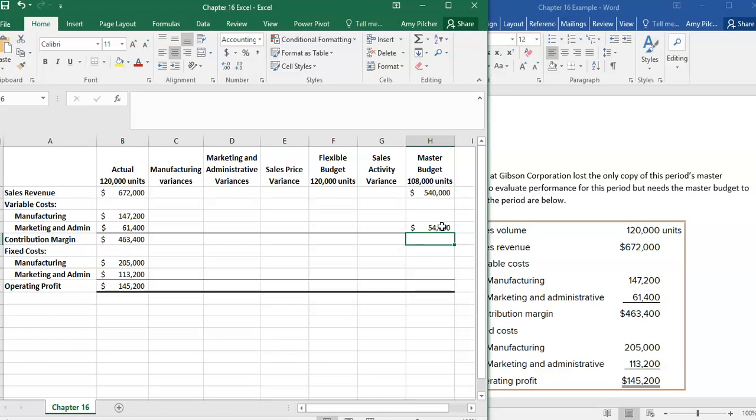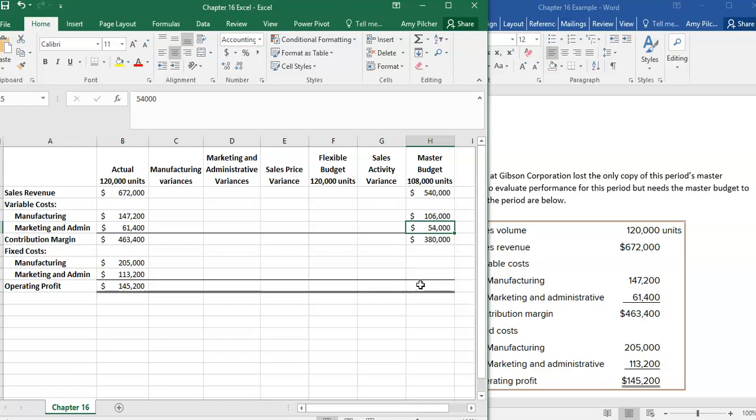It says that at this volume, our contribution margin would have been 380,000. So what we need to determine then is what are our variable manufacturing costs? Well, if we take our sales revenue minus our marketing and administrative costs minus our contribution margin, we're working backwards to figure out that manufacturing variable cost of 106,000.